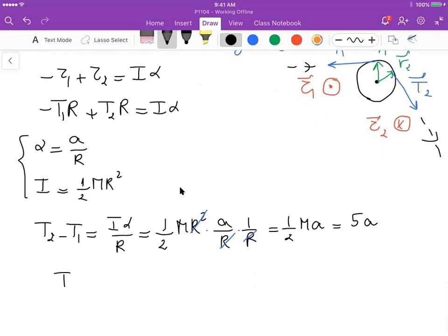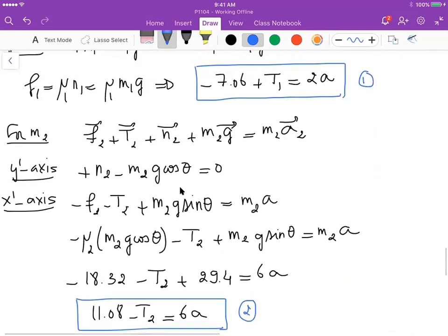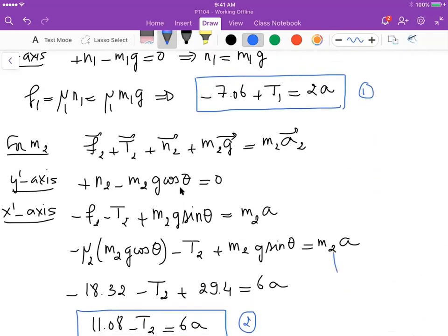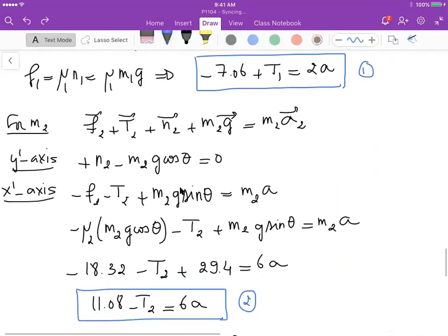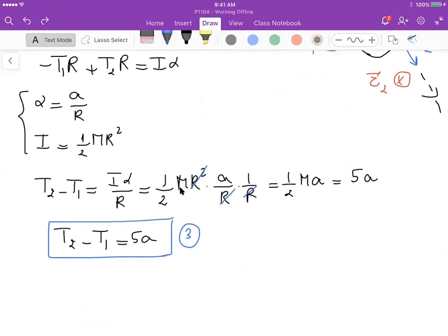And so finally we end up with a third equation given by T2 minus T1 is equal to 5A. So this is the third equation that gives a relation between T2, T1 and A as well, of course. And so we end up now with three equations that all relate the variables T1, T2, and A together. And so we have three equations with three unknowns that we can now solve.